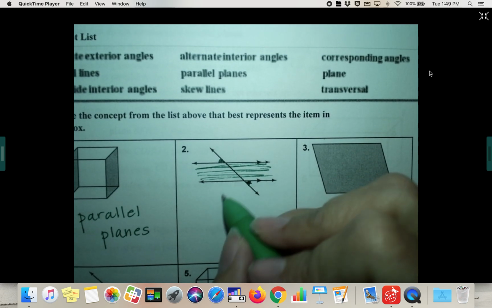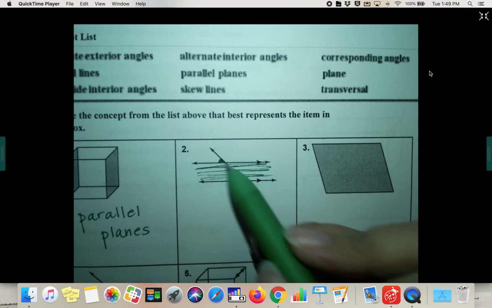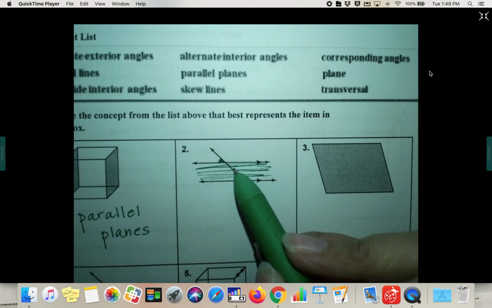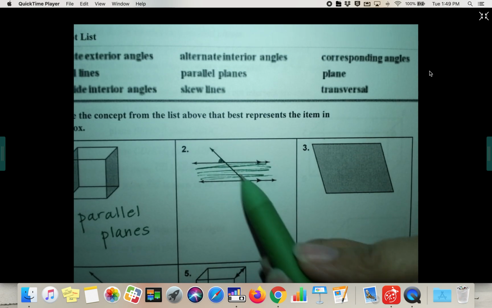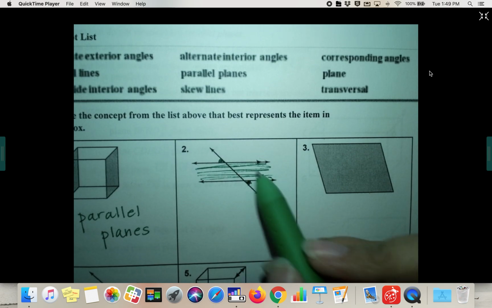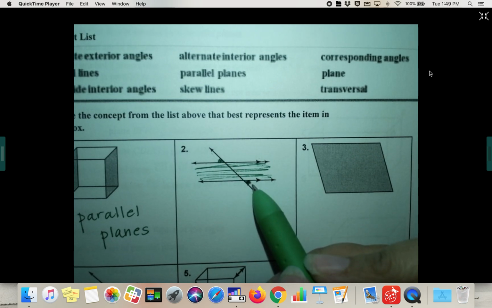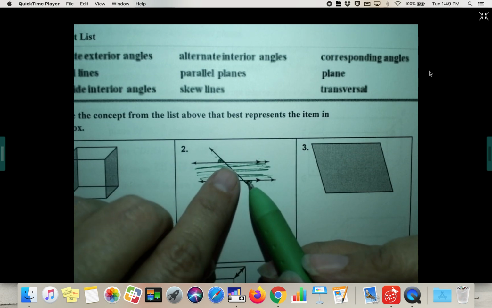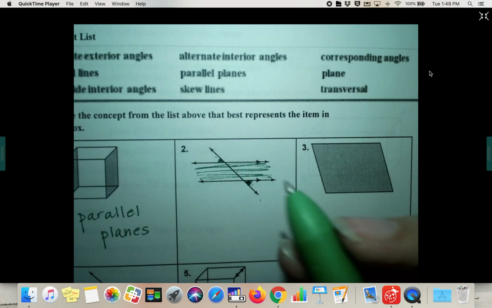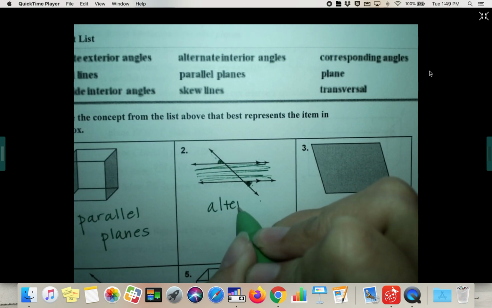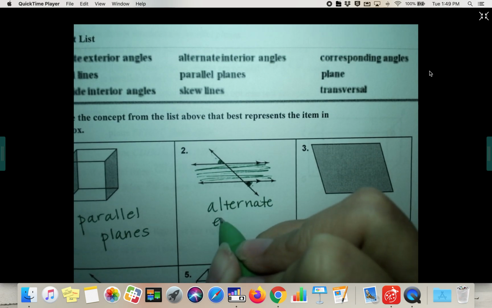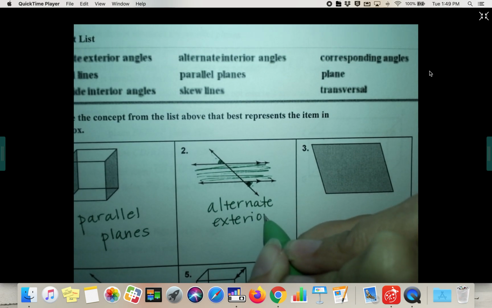And they're alternate because they're on two different sides of this line that I'm going to call a transversal, which these are my parallel lines. This is a transversal. We'll talk about that here in a minute. And since these are on two different sides of the transversal, they are alternate, and again, outside, so exterior angles. Alternate exterior angles.